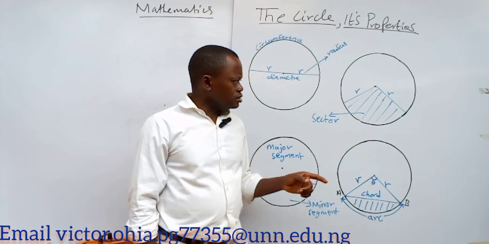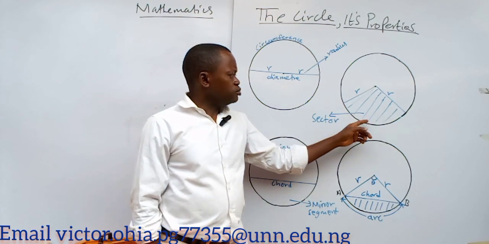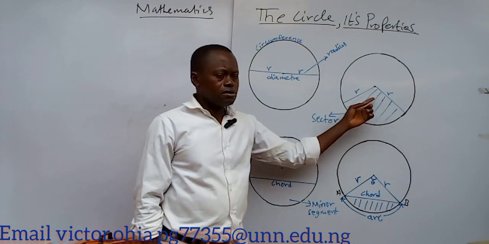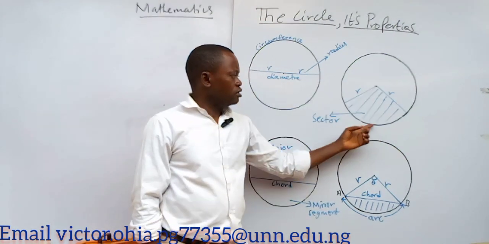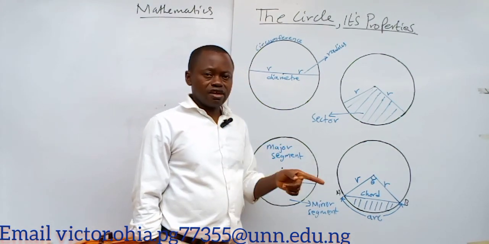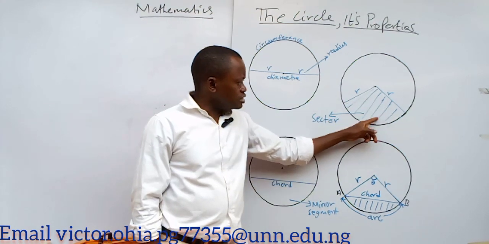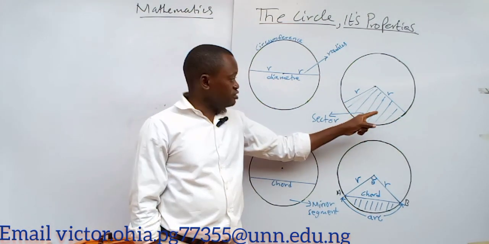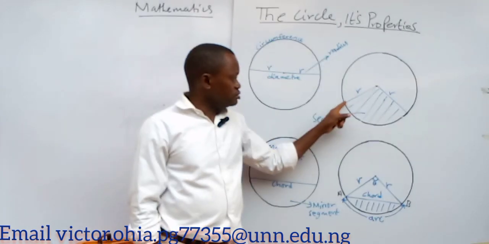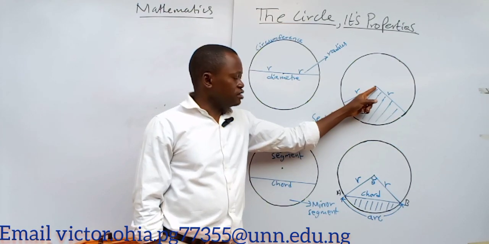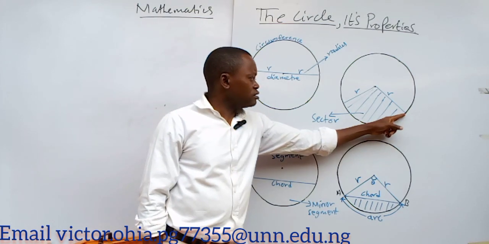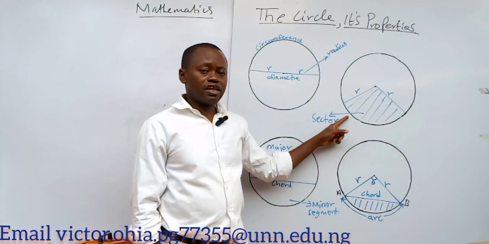Another thing is, how can we calculate the perimeter of this sector? Perimeter is the distance around an object. So when you're talking about this sector, perimeter means the distance from here to the center, the distance from here to the center, and then the distance this way, which is an arc.